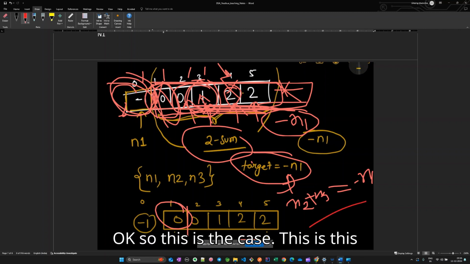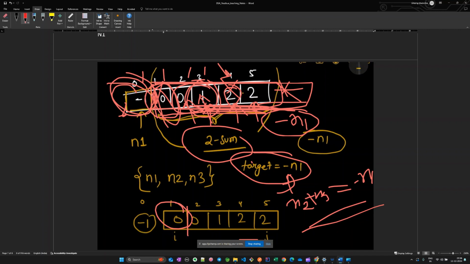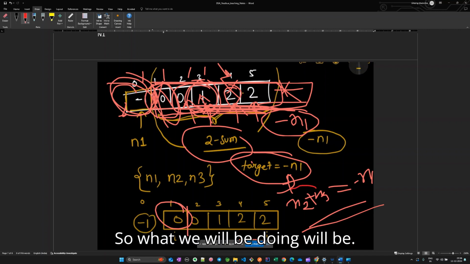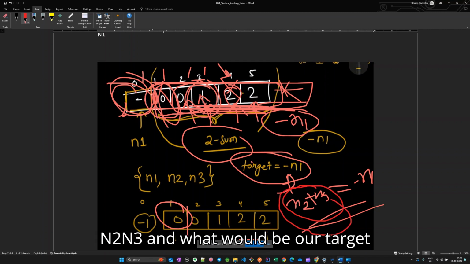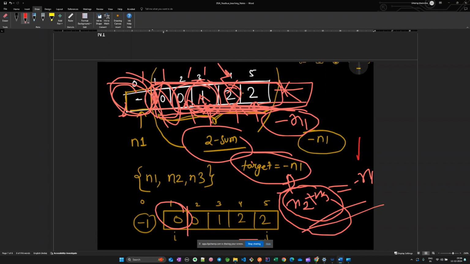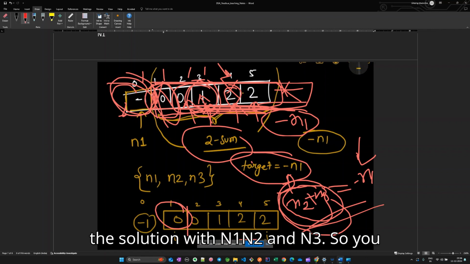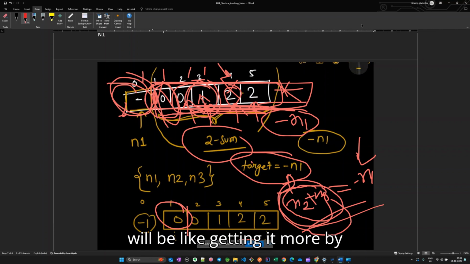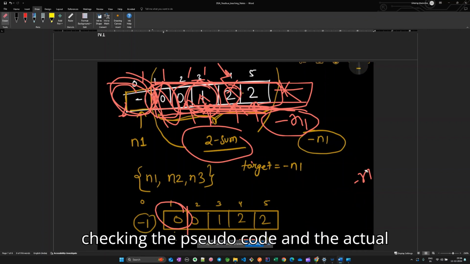Okay, so this would be the case for our solution. So what we will be doing? We will be calculating the sum as n2 plus n3, and our target would be minus n1. Once we have solved this, we would be summing up the solution with n1, n2, and n3. You will get it more by checking the pseudocode and the actual code.